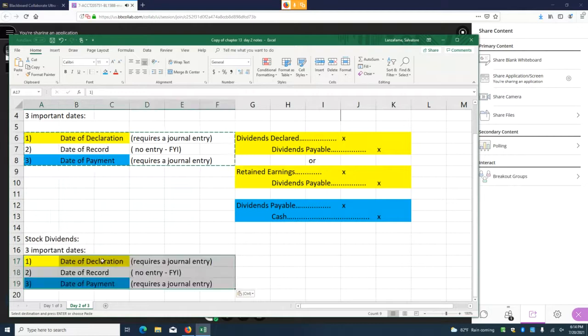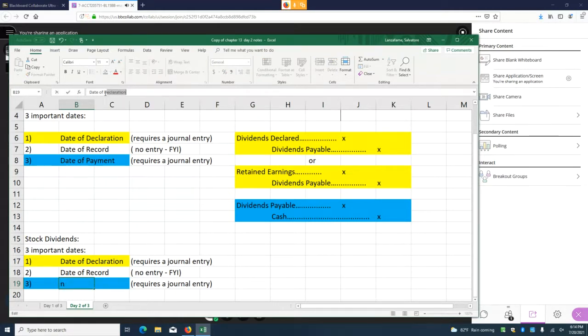I just have to tweak one little piece of language, and that is when I get to number 3, it's not the date of payment because I'm not paying them money. It's the date of distribution, because I'm distributing to them more stock.